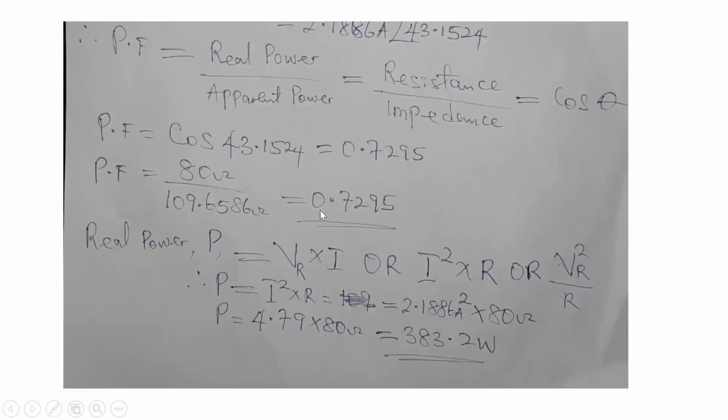So our power factor is equal to, you can decide to say, cos 43.1524. It will give you 0.7295. Or you can say that 80 ohms divided by 109.6586 ohms will give you the same value.